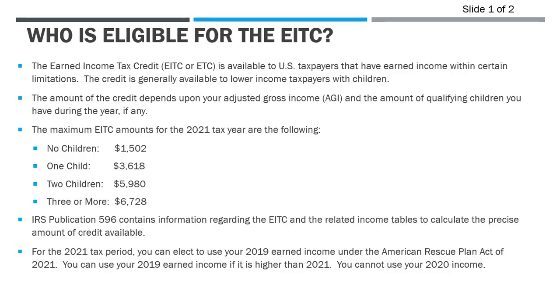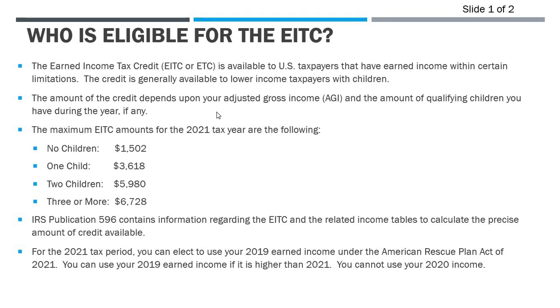And then I've got a slide which covers some information on the earned income credit. And then it'll cover the fact pattern that we're going to be working with as well. So 2 slides here. So if we start at the top here, we've got the earned income tax credit, generally abbreviated as either EITC or ETC. This is a federal tax credit that's available to taxpayers that have earned income.